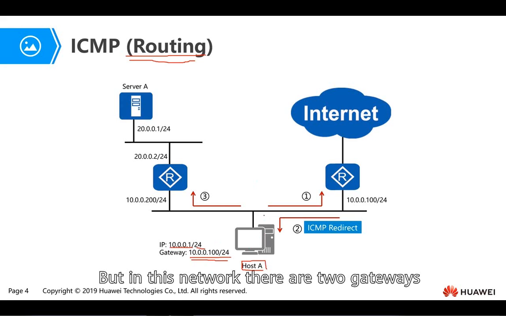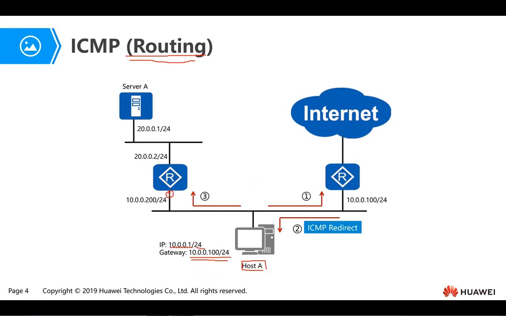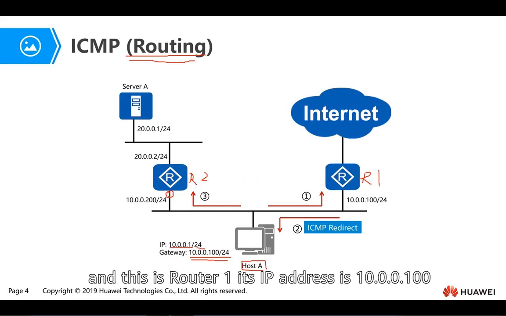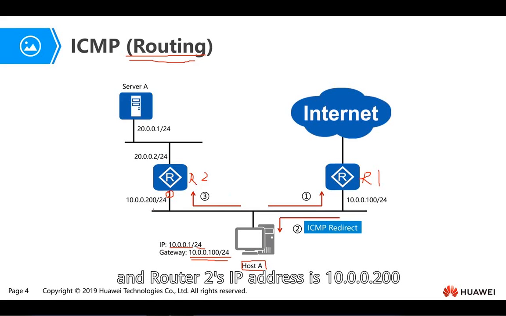But in this network, there are two gateways: this is router 1 and this is router 2. Router 1's IP address is 10.0.0.100, and router 2's address is 10.0.0.200.